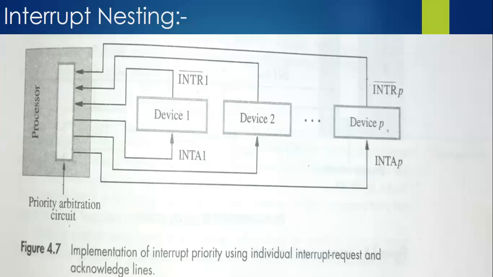You may ask: while discussing the interrupt hardware, we had only one line, yes, obviously. In the next slide we are using one figure, and there also we have a single interrupt request line. But why is it so for interrupt nesting?